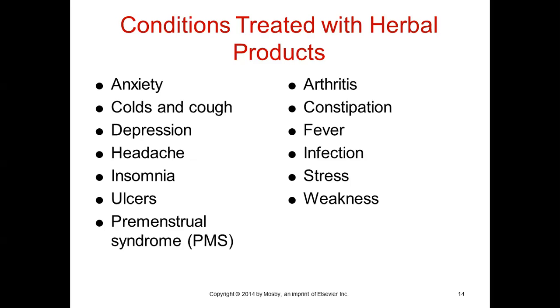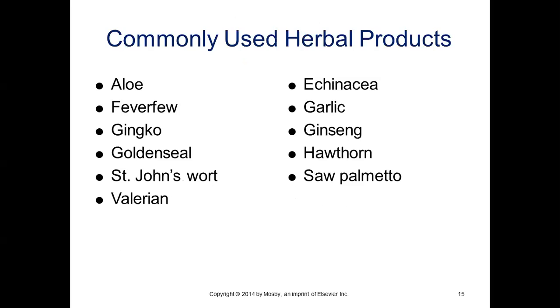Saw palmetto, we use to increase the health of the prostate and also increase the urine flow rate. So different herbals are used for different purposes. Here are some examples of commonly used herbal products or herbs.